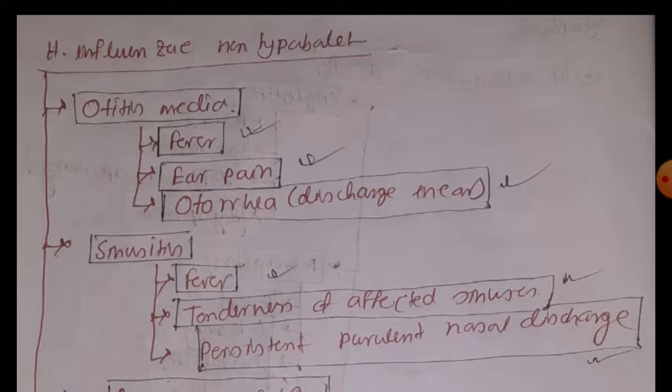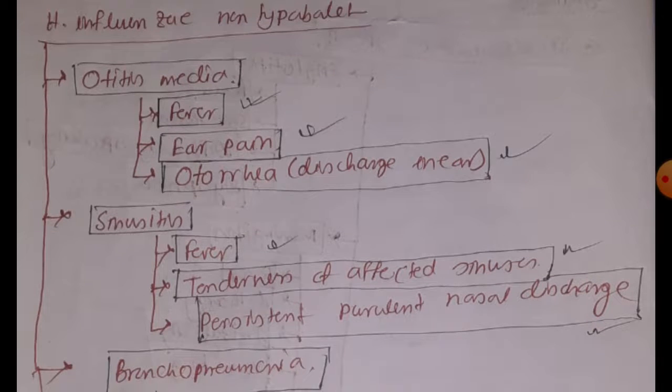So it can affect the ear, causing otitis media, for example fever along with pain in the ear and otorrhea, that is discharge in the ear. It can also cause sinusitis, with symptoms like fever, tenderness of the affected sinuses and persistent purulent nasal discharge.